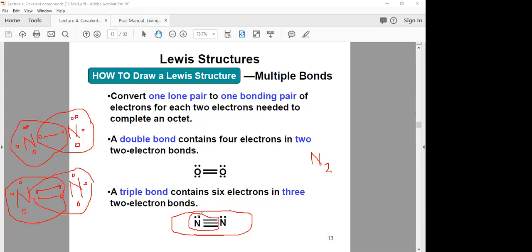So the octet has been achieved for that nitrogen, and the same applies to the nitrogen on the right. Can everyone see that? How the octet rule has been achieved now for each of the nitrogens, and hence why the triple covalent bond is found here.